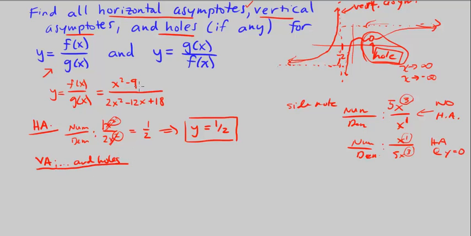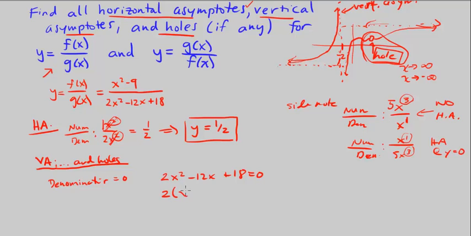Let's look at where our function is undefined, which is where the denominator equals 0. If the denominator equals 0, then we have something divided by 0, undefined. So let's set that up: 2x squared minus 12x plus 18 equals 0.